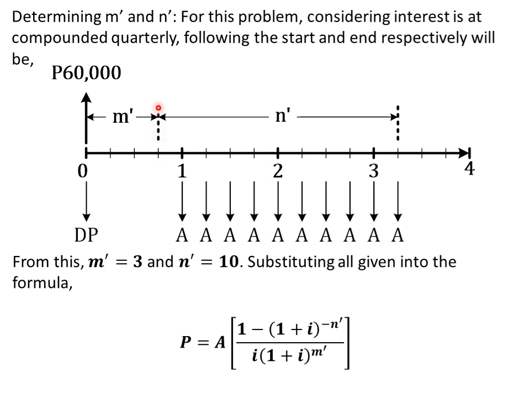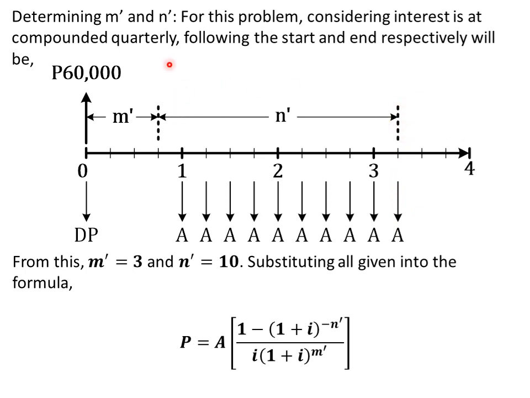And the end of your m prime will also be the start of your n prime, until the end of your period. The end of your period, of course, is when the last payment is made. For this one, even though I've made a cash flow diagram until the 4th year, you will not go until the 4th year because the end of this problem is only the last payment. So, this will be the end of your n prime.